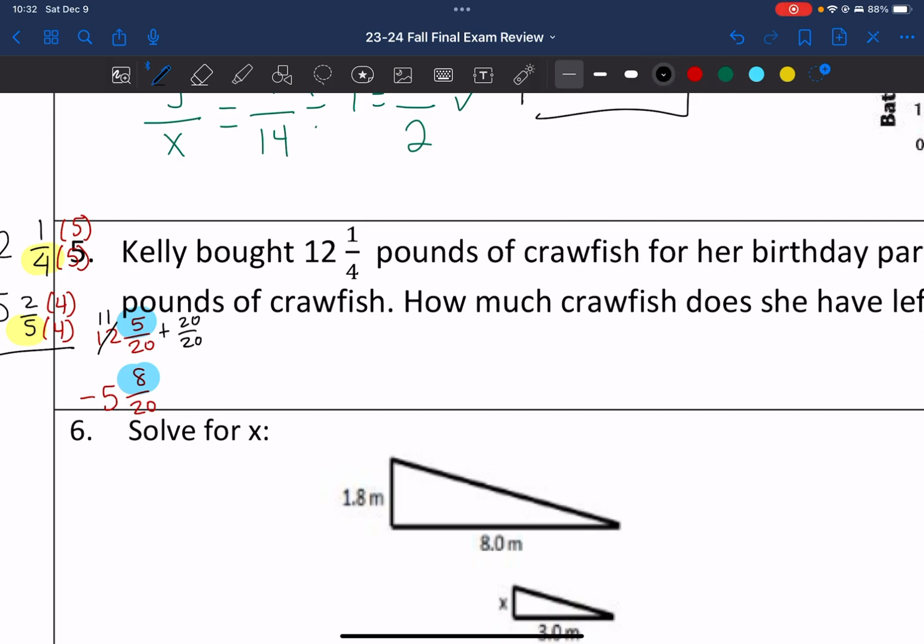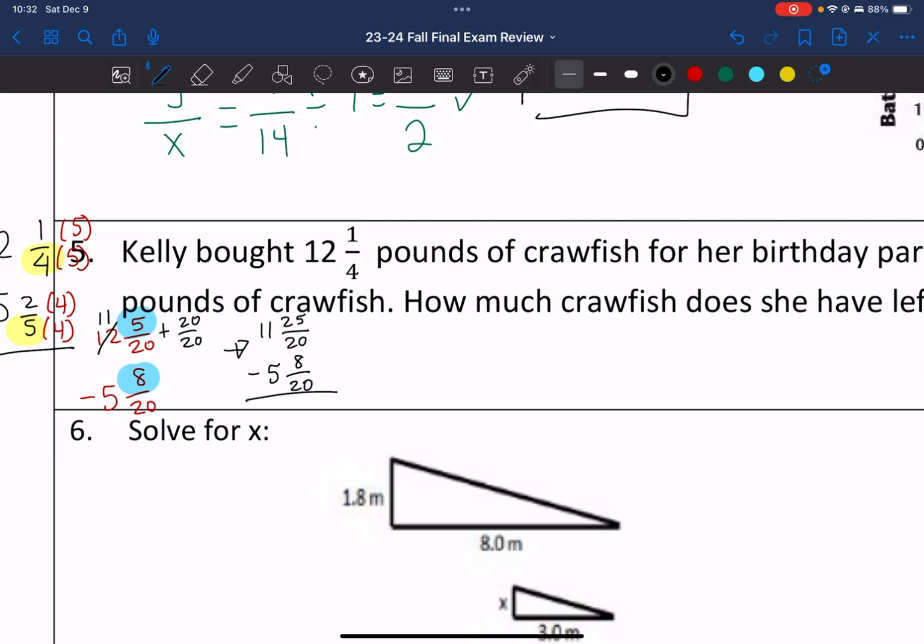So here's what happens. We have now 11, and if we add 20 plus 5, that's going to be 25. Remember, the denominators do not get added. They stay the same. Now I can do 5 8/20 over here. So here, I can now take 25 minus 8.